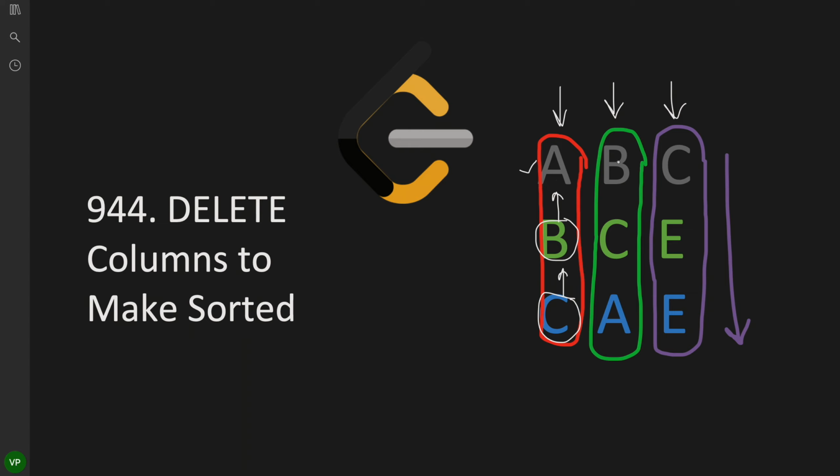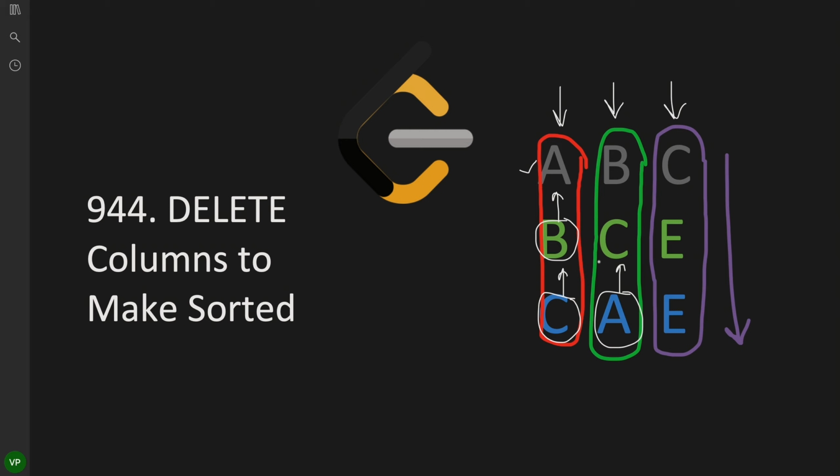Then suppose we find a condition such as this: A is not smaller than B, A is smaller than C, but it should have been greater, right? So we can just exit from this column.